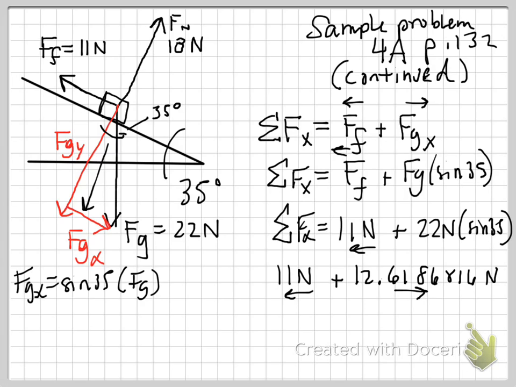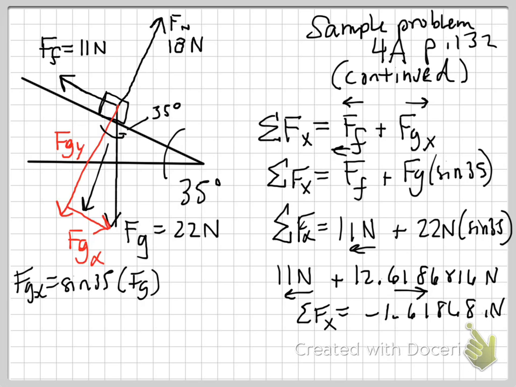I suggest that you make that F of gx your negative number, so you would end up with a sum of forces on the x of 11 plus a negative 12.6186, which gives you a sum of forces on the x of negative 1.61868, etc. newtons, of course.